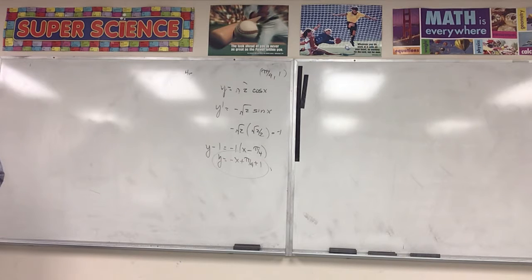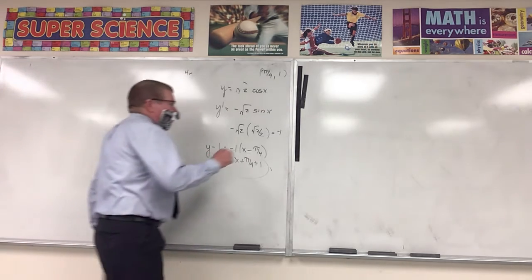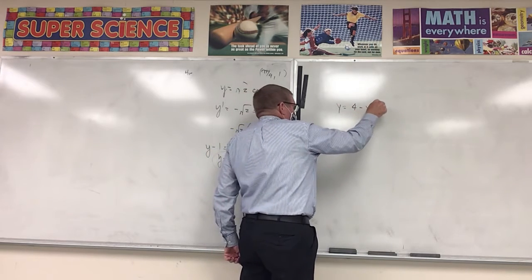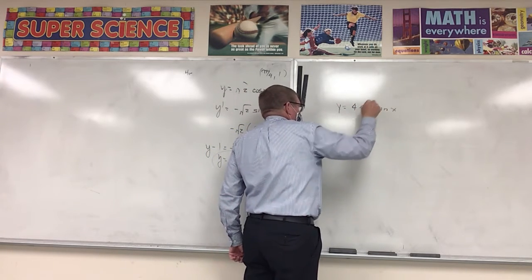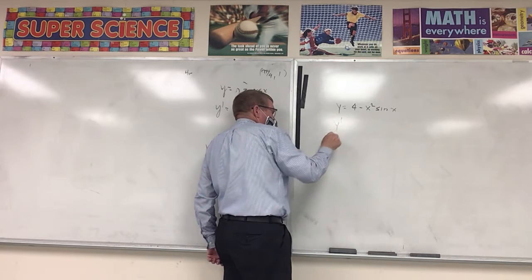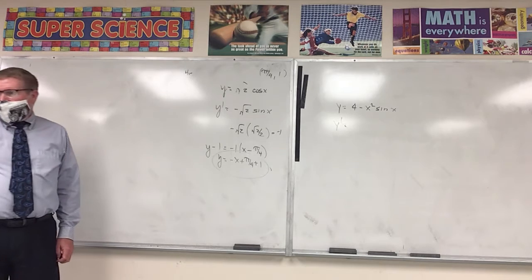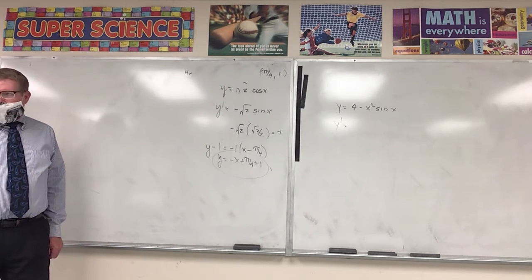Can you do number 5? 4 minus x squared sine x. Find the derivative, right? Negative x squared sine x is a product, correct? So you must use the product rule.